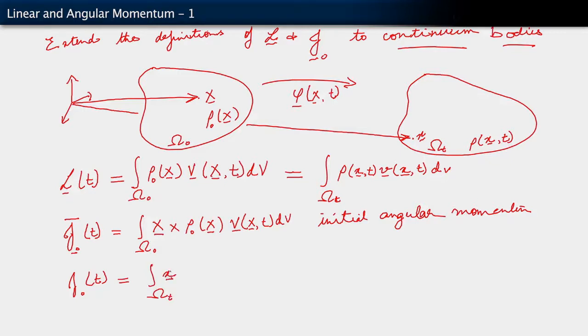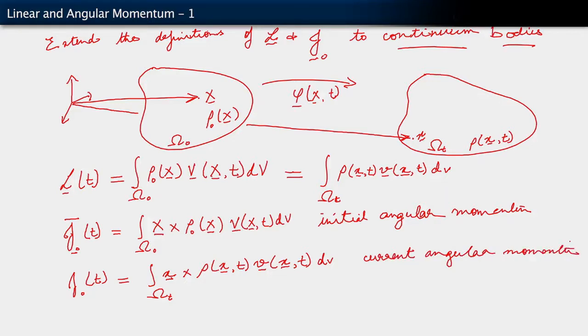The current position crossed with the elemental linear momentum of a little particle, of a little amount of mass dm, and that is given to us by rho, function of x and time, spatial velocity, d little v. And to make it clear, I'm going to write here that this is the current angular momentum.